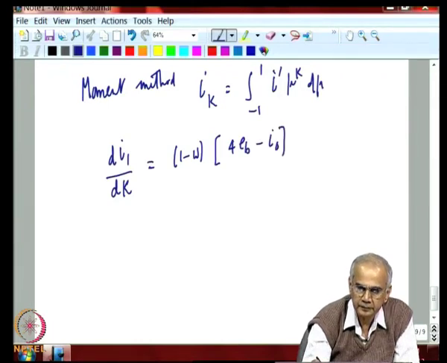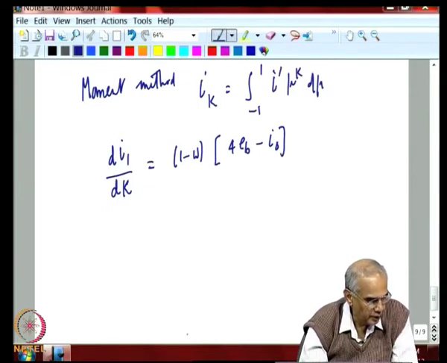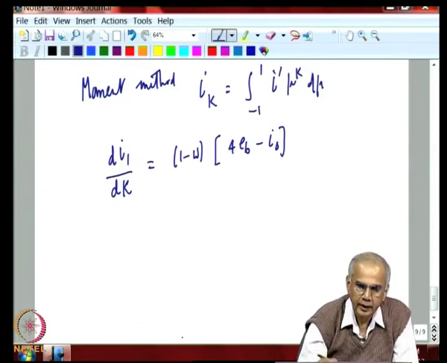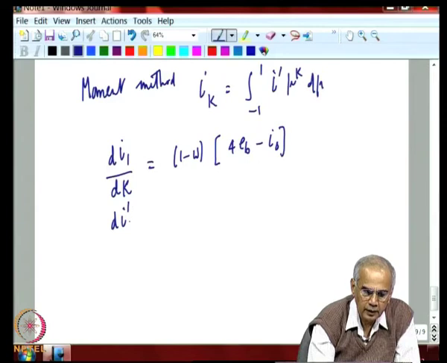This you already seen. Now, the new result we are going to now derive is by taking the second moment k equals 2 and relate I2 to I1.